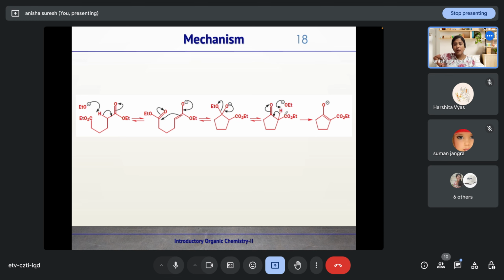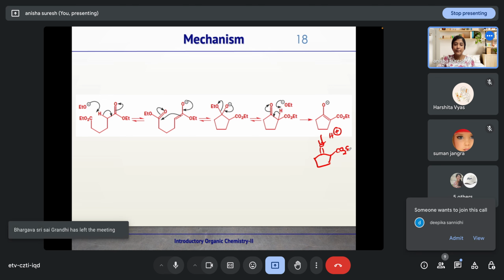And one more, for making this reaction irreversible, this OEt can abstract the proton again and lead to formation of the enolate. This upon workup will give this, we will get this as the major product.